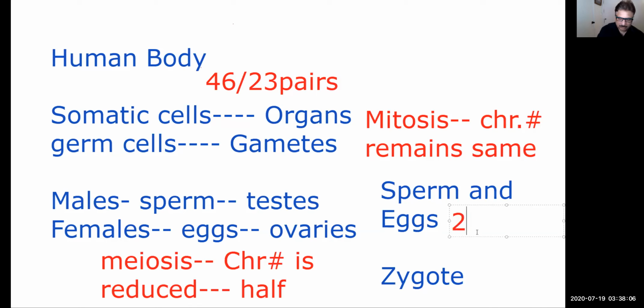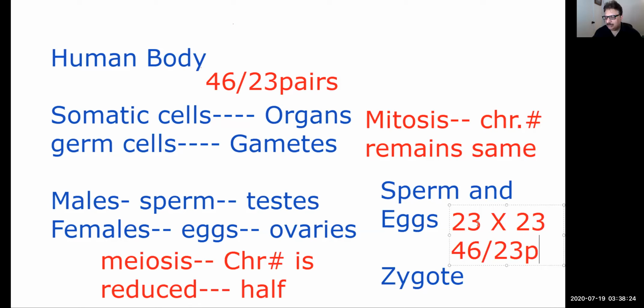So in meiosis, the sperm has 23 chromosomes, the eggs have 23 chromosomes, and when fertilization occurs, the total leads to 46, or 23 pairs of chromosomes. So 23 comes from the father and 23 comes from the mother. But before this happens, meiosis has to happen. If meiosis is not right, then there could be a developmental problem.